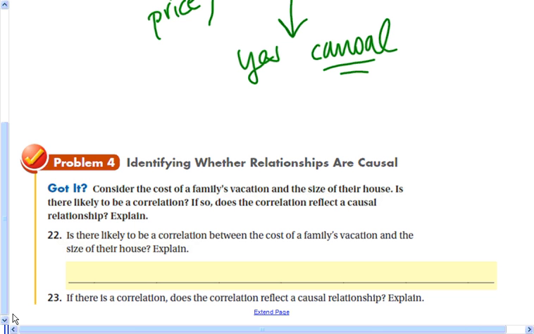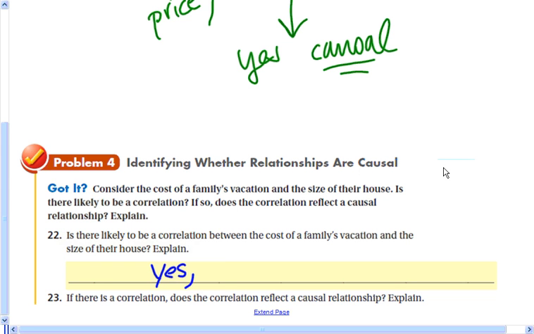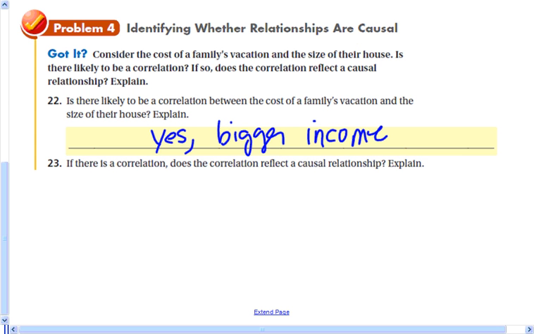So yes, there's likely to be a correlation. Bigger houses indicate bigger incomes, and if you have bigger incomes, the price of your vacations is probably going to be higher. So we have a correlation.